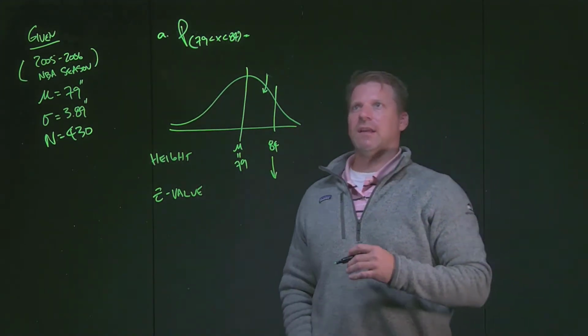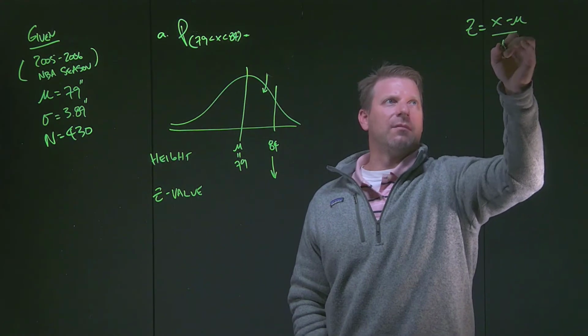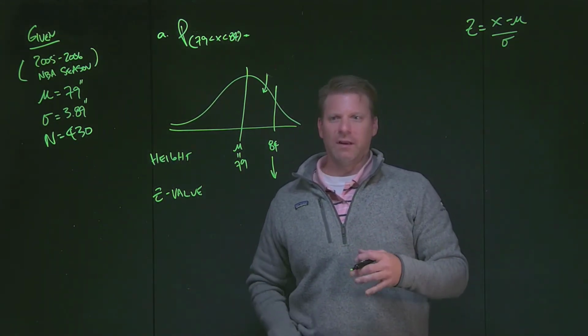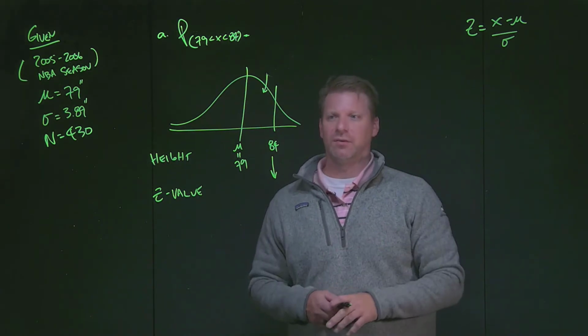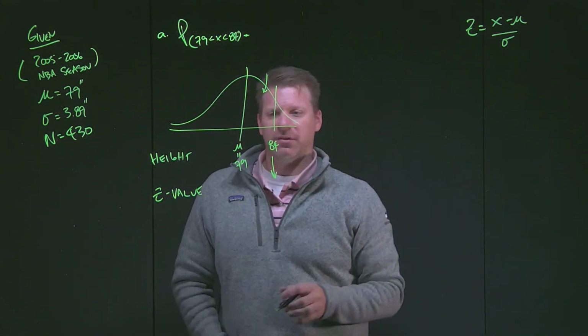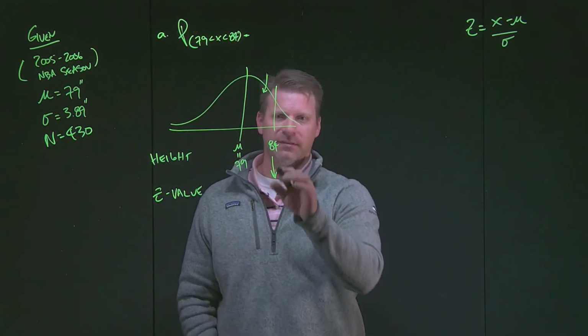When we convert it to the z-value using this formula, z equals x minus the mean divided by the standard deviation, we're peeling out all of the detail associated with this, and then with that equation we find the corresponding standard normal value for, in this case, 84 inches.